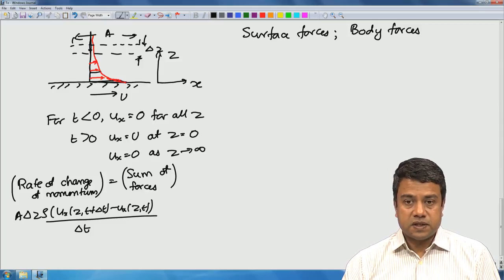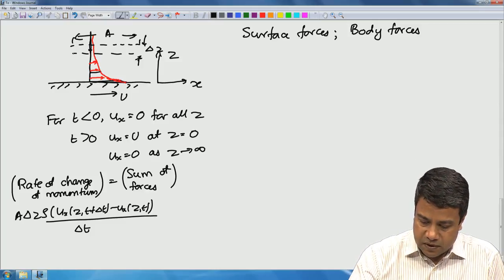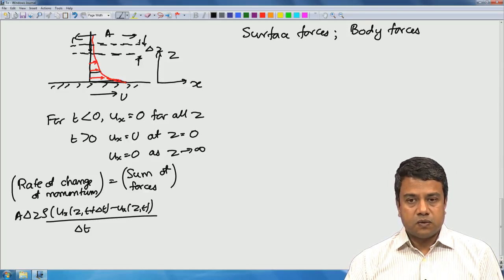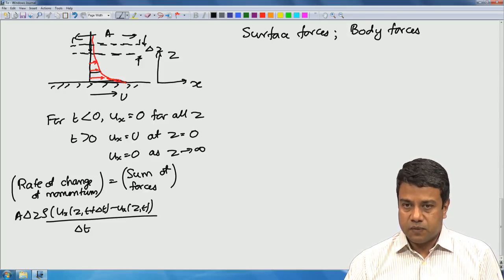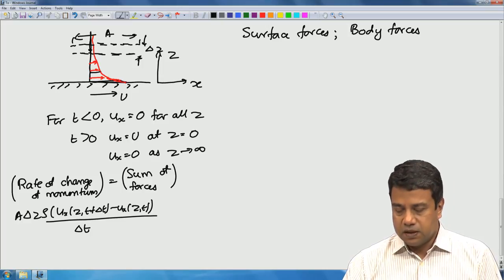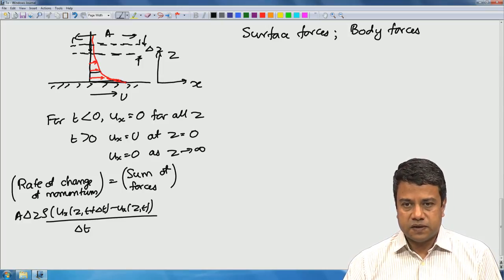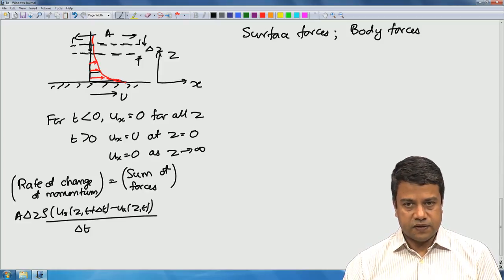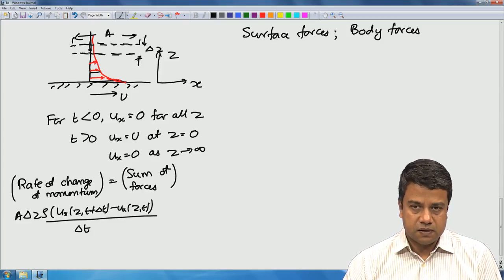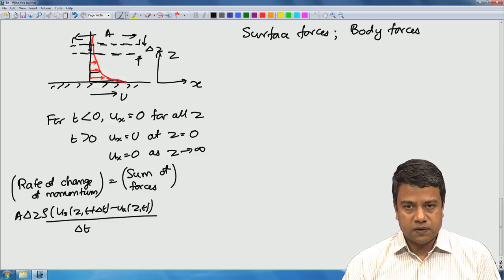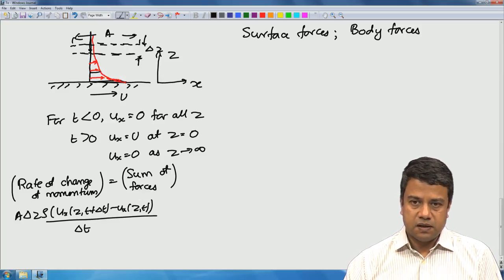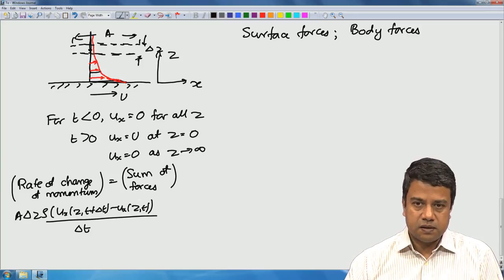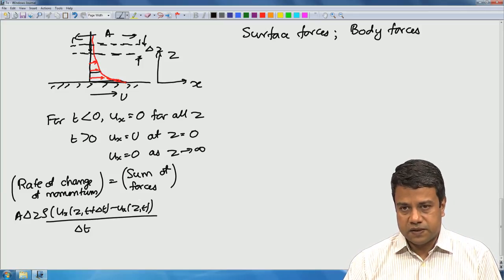These surface forces act on two surfaces, the bottom surface here and the top surface here. So, what is the surface force exerted on the bottom surface? It is going to be equal to the shear stress on the bottom surface times the area. That is the force exerted on the bottom surface, the shear stress, force per unit area, multiplied by the area of the surface.